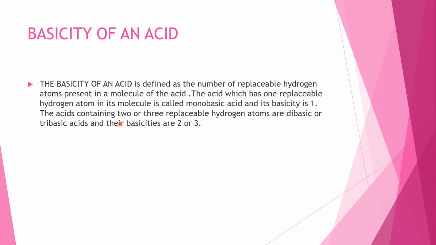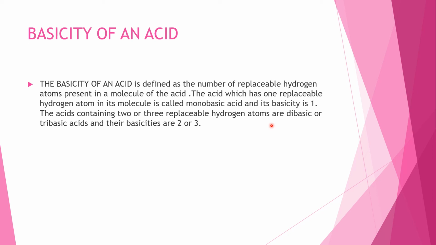How many hydrogen atoms can we replace from them? For monobasic acids, the basicity is 1. The acids containing 2 or 3 replaceable hydrogen atoms are called dibasic and tribasic acids. If it has 2 replaceable hydrogen atoms, it is dibasic, and if it has 3 replaceable hydrogen atoms, we call it tribasic. Let me give you some examples.